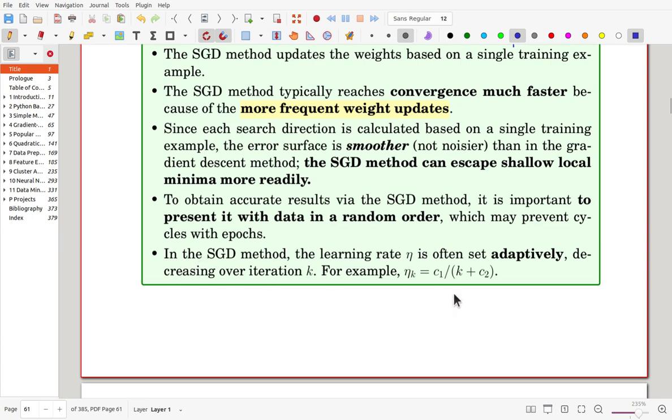In SGD, eta is often set adaptively, which means decreasing over the iteration k. So eta k is chosen as C1 over k plus C2 with two constants. That is often done.